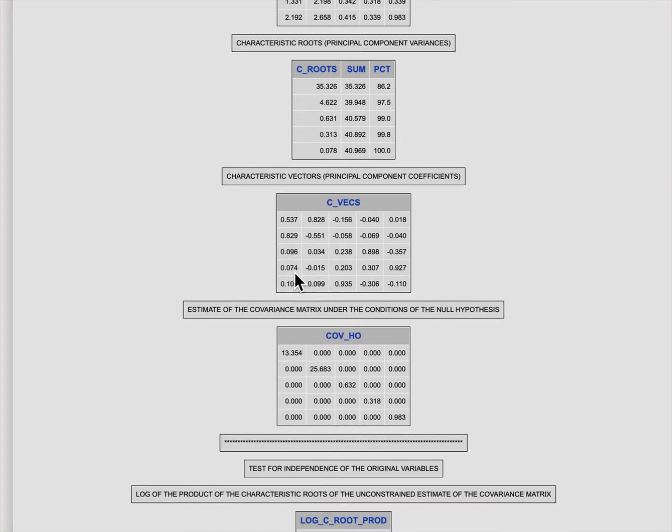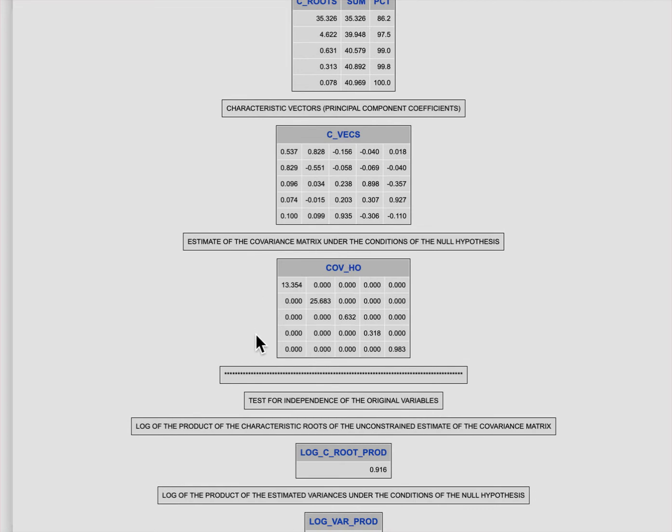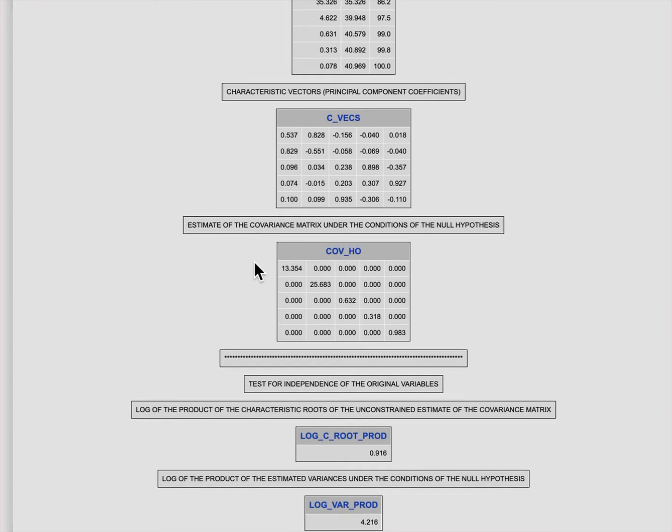And I've got that estimated covariance matrix here. I'm calling that cov_H0. So this is the estimated covariance matrix under the condition of the null hypothesis. Note that all of the off-diagonal elements here are 0. The only non-zero values are the estimated variances on the diagonal.